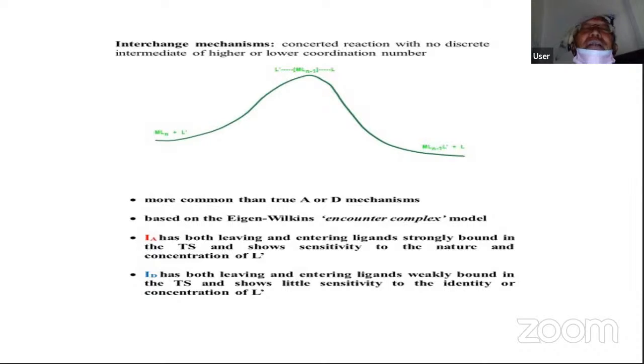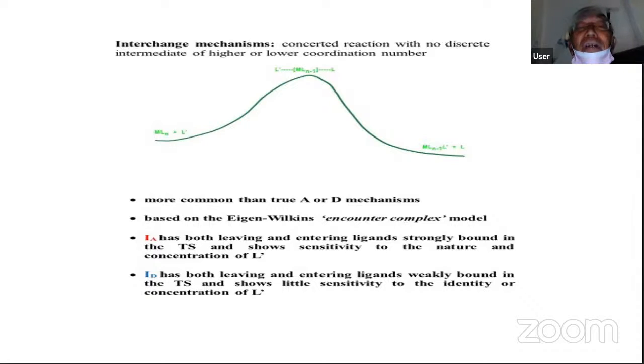You know America is a country very proud of its military. They always go to war with other nations. So they use this concept of military analogy, and they call it the interchange mechanism. So when the new team comes in, the old team will leave the group.